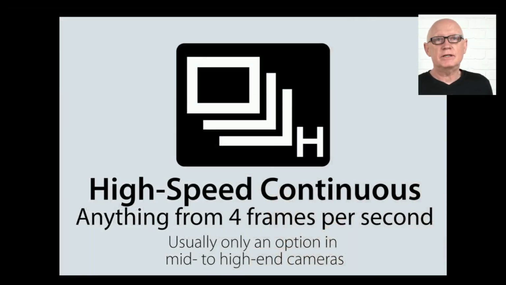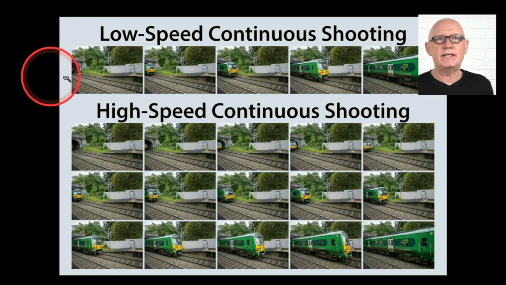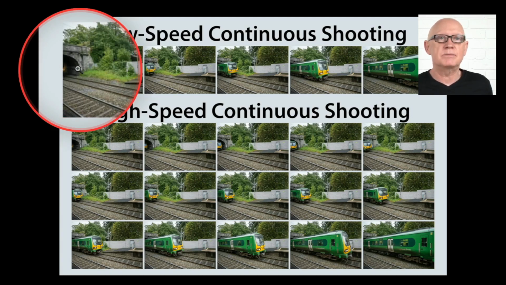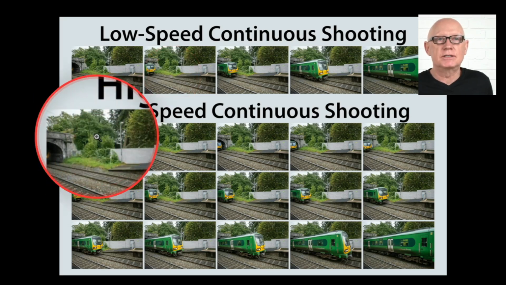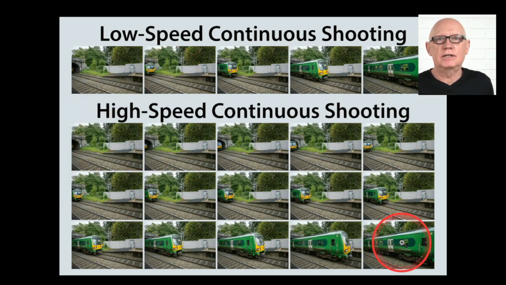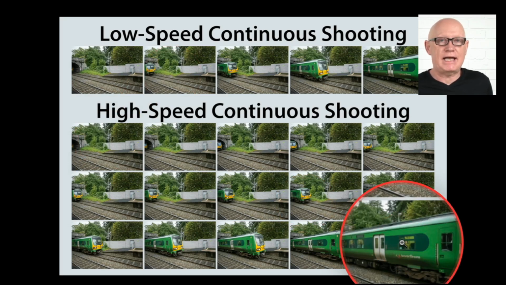Now, if we look at the difference between these. So this shot here, this is just taken before the train comes out of the tunnel. And this last shot here is the train halfway past within just one shot taken over just a second, 1.5 seconds or so. This is the same shot, train not yet come out of the tunnel. The same shot, the train is halfway past me.